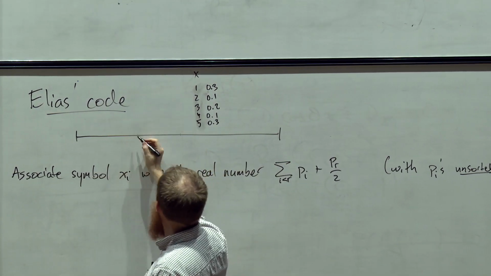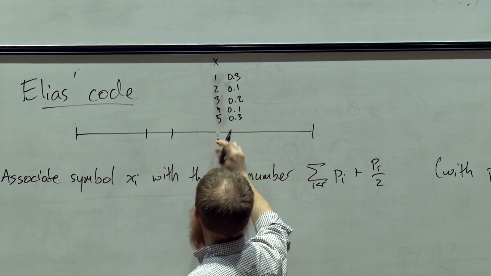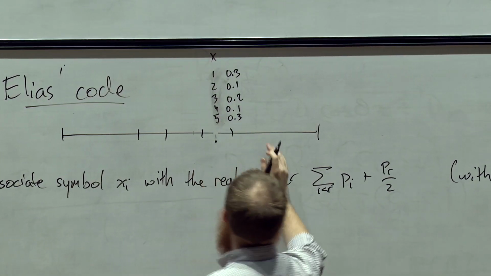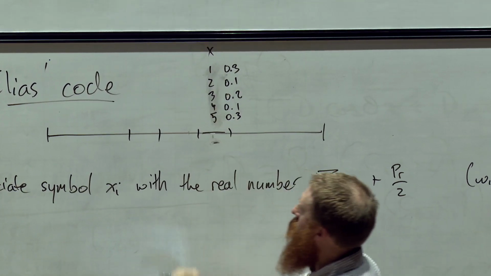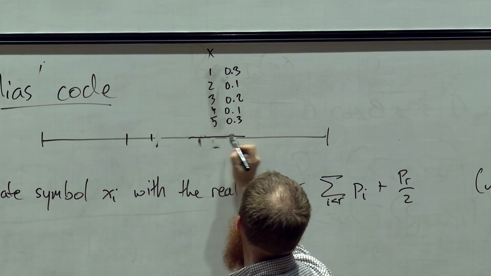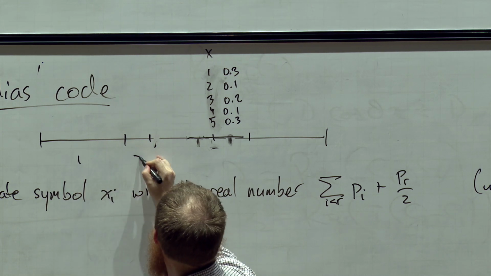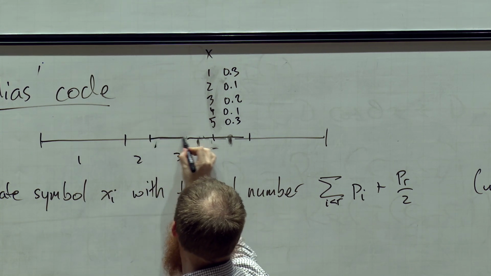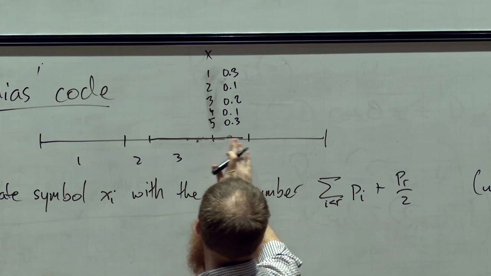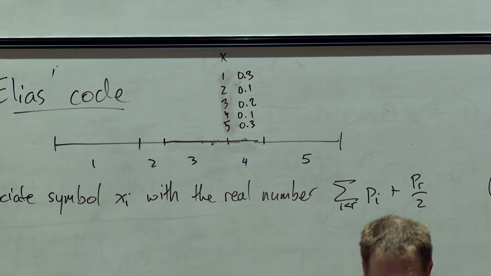So what's that look like? A little bit smaller, and we'll move that slightly over there. So this is 0, 0.3, 0.4, 0.6, 0.7, 1. There's our real line.